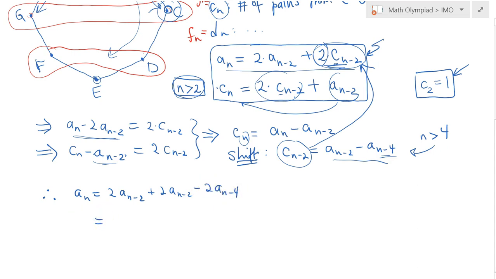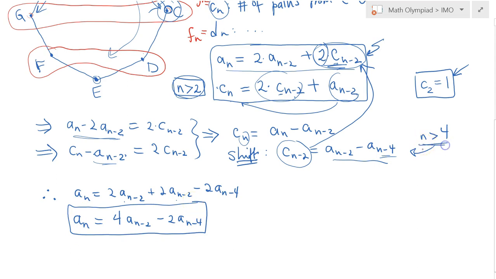Finally, a sub n equals 2 more, so I have 4 times a sub n minus 2 minus 2 times a sub n minus 4. That's a really awesome expression, but remember, it only works for n strictly greater than 4.